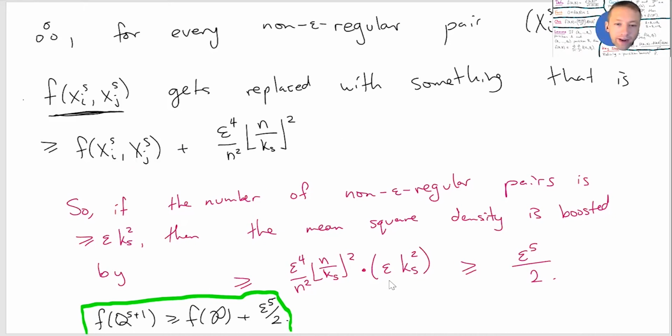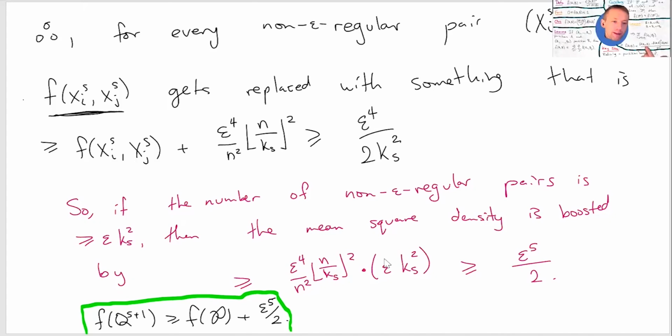And just to be wasteful, I don't really care about factors of 2, so I don't like floors. So I can say this is at least epsilon to the 4 over 2 ks squared. That's just getting rid of the floor and wasting a factor of 2, but who cares?